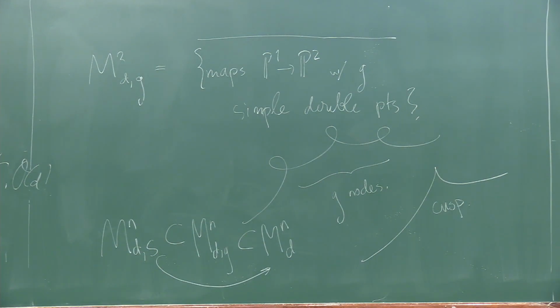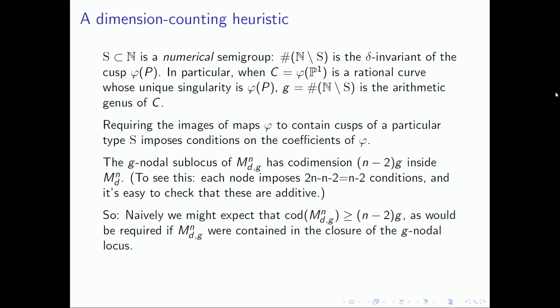If it were the case that M_{N,D,G} were in the closure of the g-nodal locus, then it would necessarily have to be the case that its codimension would be at least the codimension of the g-nodal locus, right? And we're going to show that that's not true.